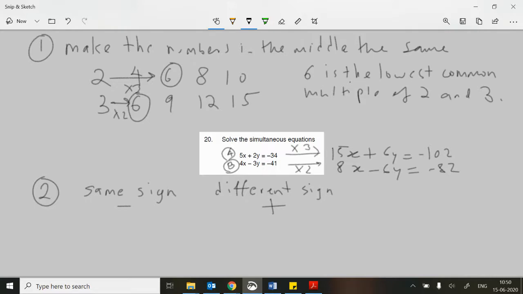So the choices, we've got plus 6y and minus 6y, which means we need to add.